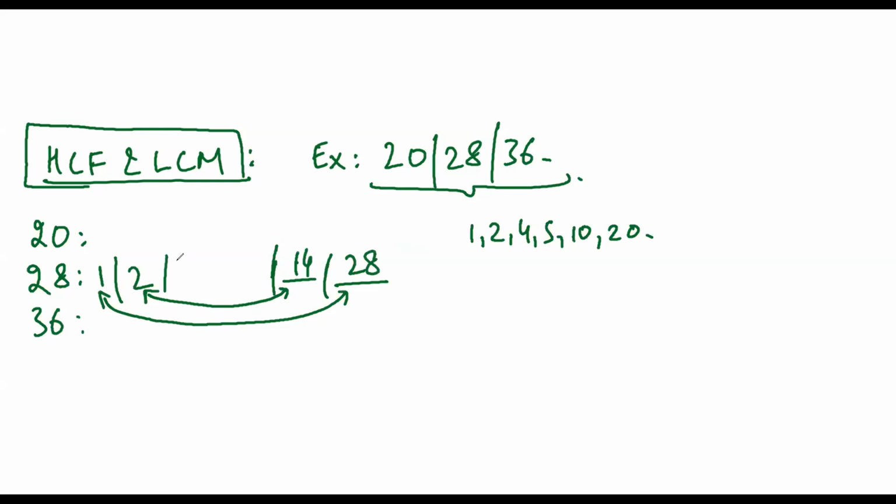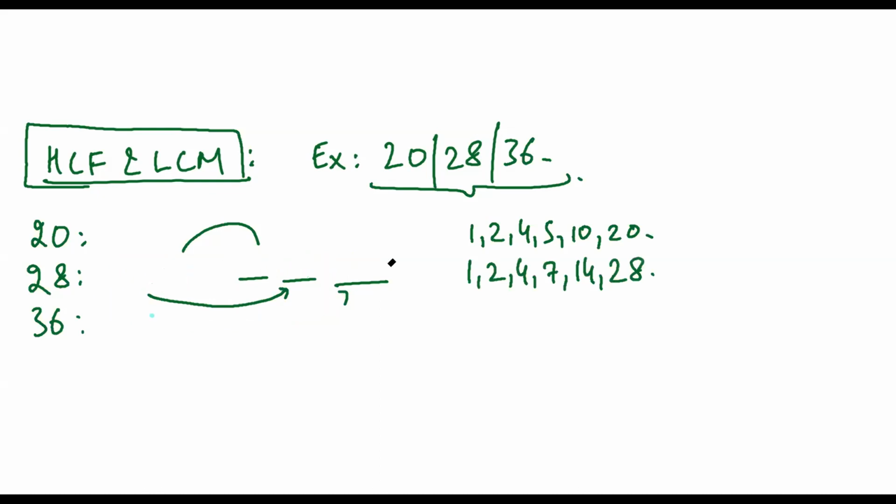So 4. When I write 4 here, what should I write here? So 7. Any other factor? No, sir. So 1, 2, 4, 7, 14, 28 are the factors of 28. Have you understood? Yes, sir.